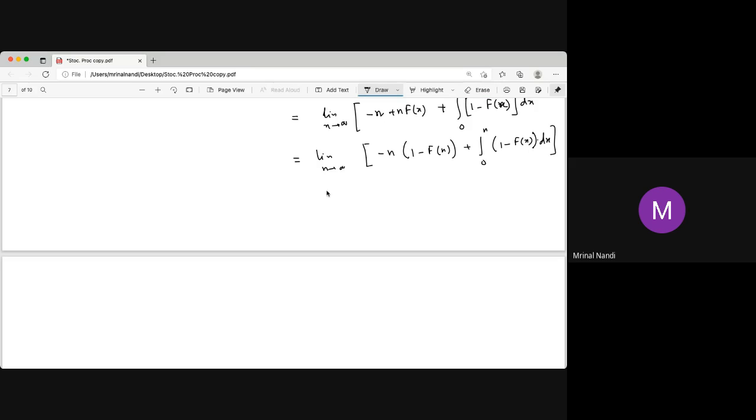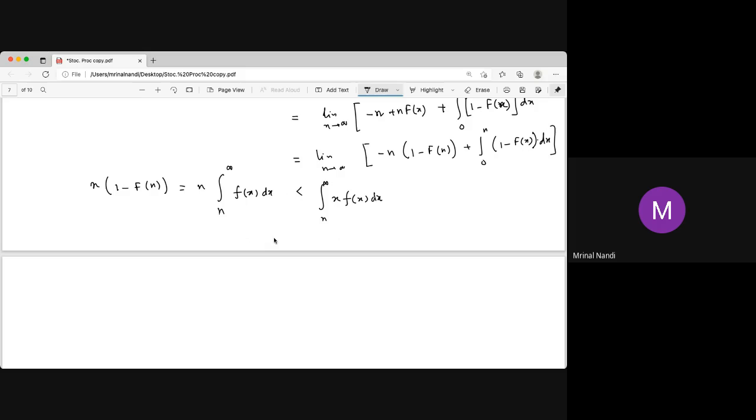Now, how do you show that the right hand side exists? So now n into 1 minus Fn. What is this? This is n times the integration from n to infinity of f(x) dx, and that is less than or equal to the integration from n to infinity of x f(x) dx, since x is greater than n.